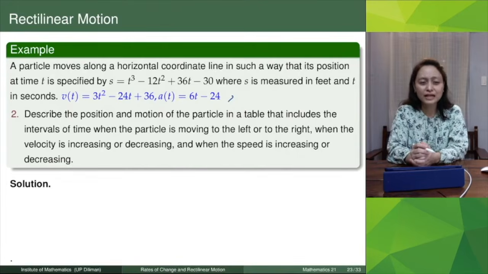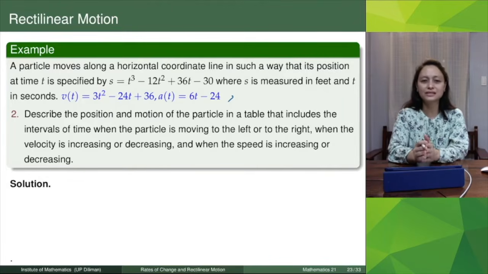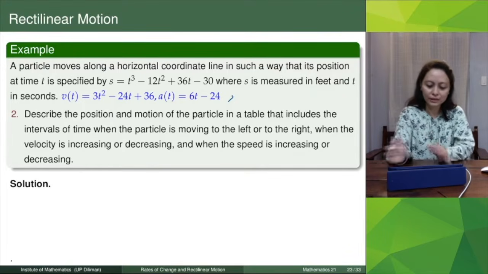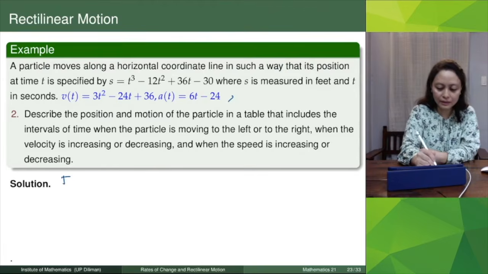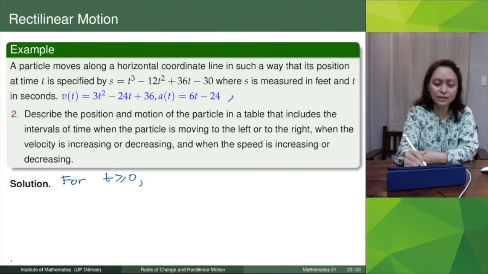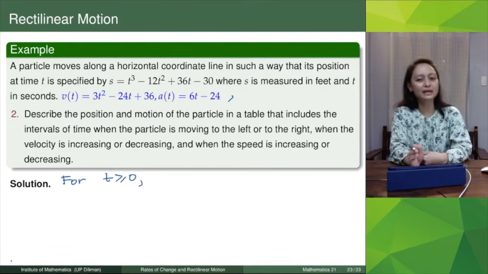So, you're asked to describe the position and motion of the particle in a table that includes the intervals of time when the particle is moving to the left or to the right, when the velocity is increasing or decreasing, and when the speed is increasing or decreasing. Okay, so we'll make a table of signs. If you recall, para makagawa tayo ng table of signs, so for t greater than or equal to 0, remember, ang time natin is always greater than or equal to 0.